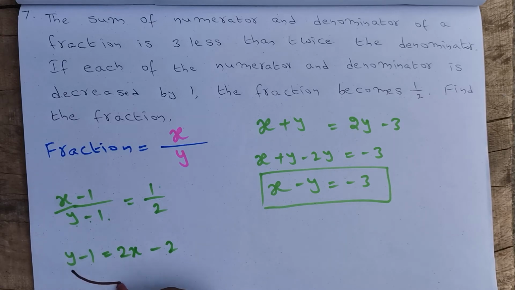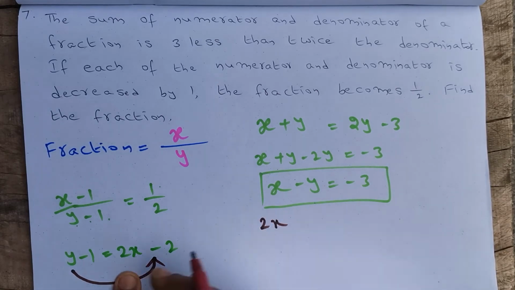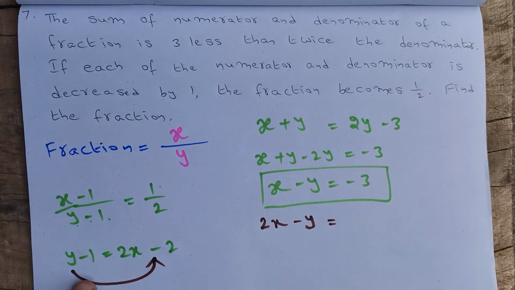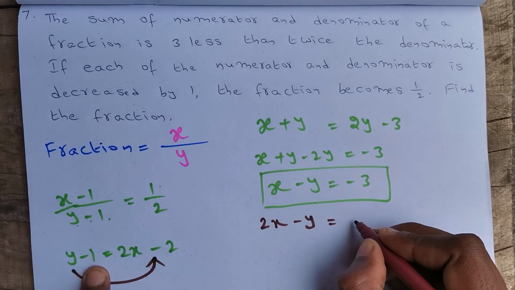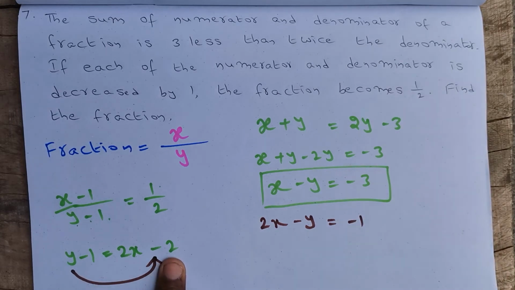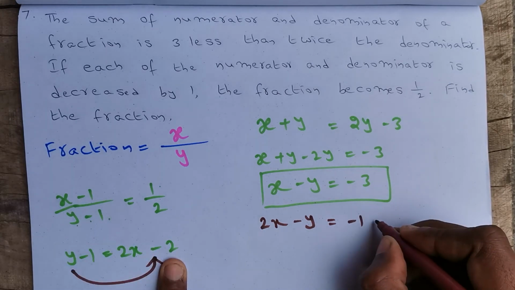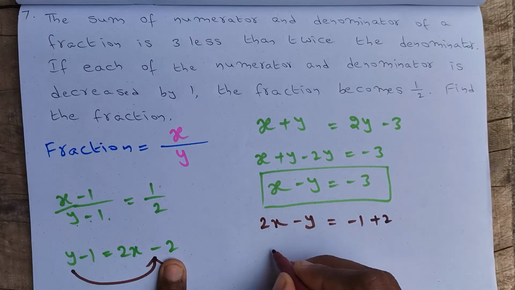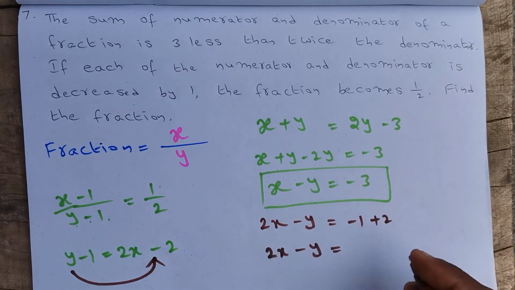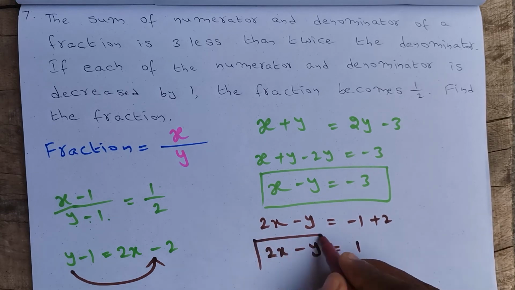Then left side y, I will bring this side. So 2x as it is, plus y will become minus y, which is equal to left side minus 1 as it is. Here minus 2 is there, that minus 2 I will take to the left side, then it will become plus 2. So we will get 2x minus y is equal to minus 1 plus 2, 1. This is equation number 2.